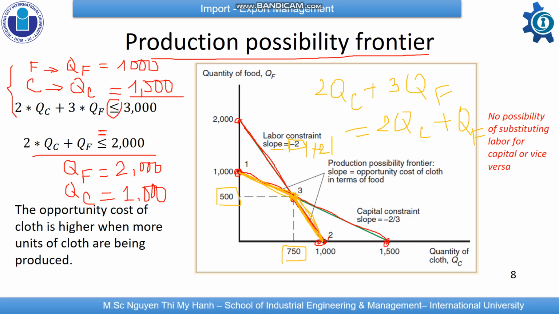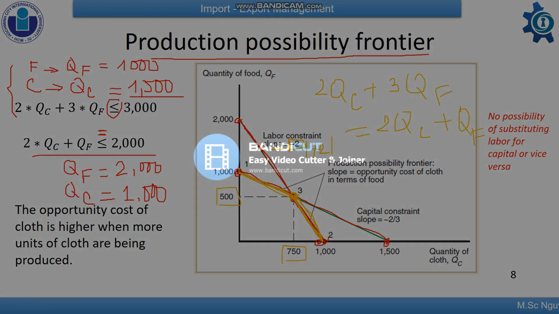Do you still remember in the Ricardian model we said that the opportunity cost of good X in terms of Y is the absolute value of the slope, and here it is the same. However, the opportunity cost of cloth in terms of food here is not fixed, it changes.